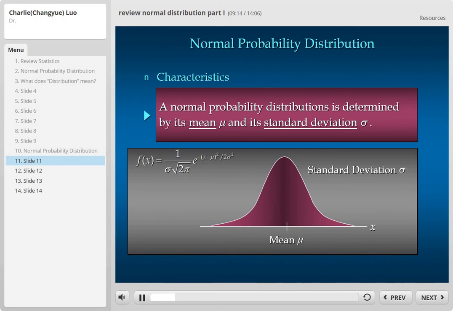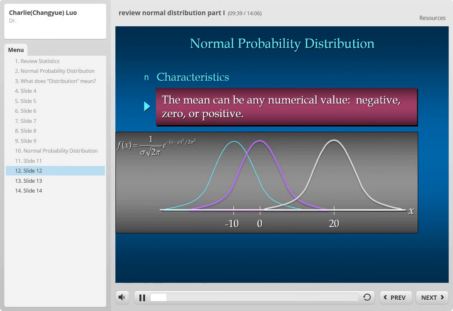Since in this function of normal distribution curve, there's only two things we don't know: the mean and the standard deviation. So in other words, if we know the mean and the standard deviation, then we know what a normal distribution looks like and where it is.